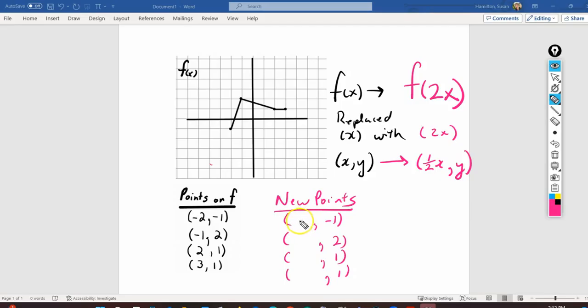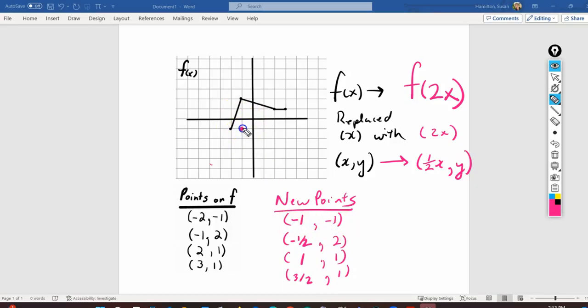My new x coordinate is going to be the old x coordinate times a half. So -2 times a half is -1. -1 times a half is -1/2. 2 times a half is 1. 3 times a half is 3/2, or 1.5. That's fine. Now I'm going to plot these new points and connect them.